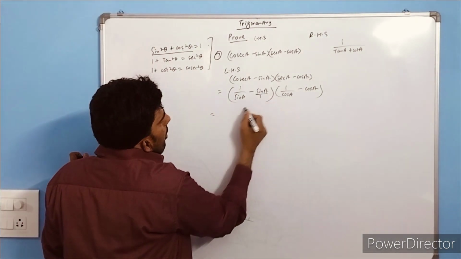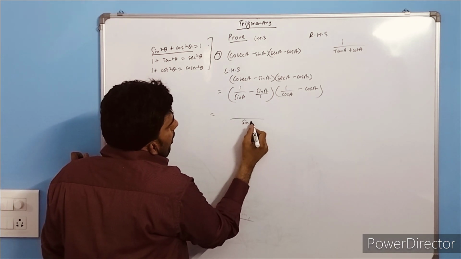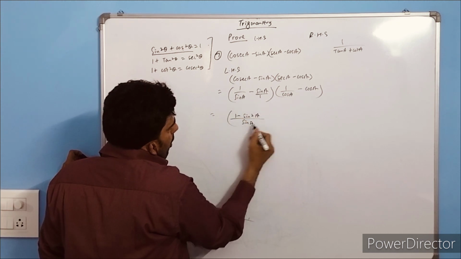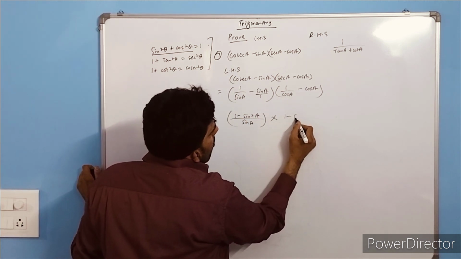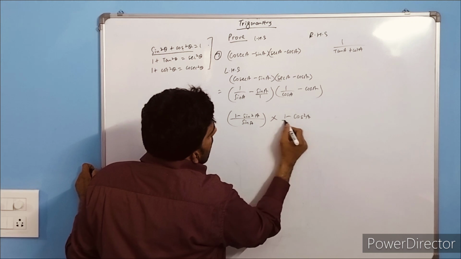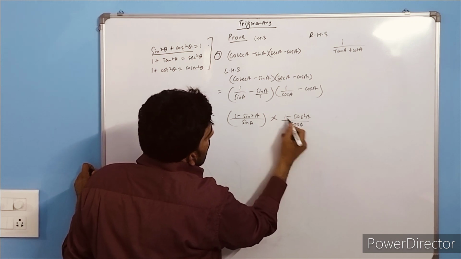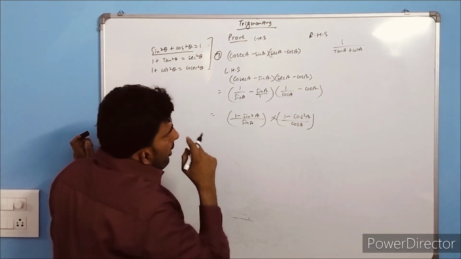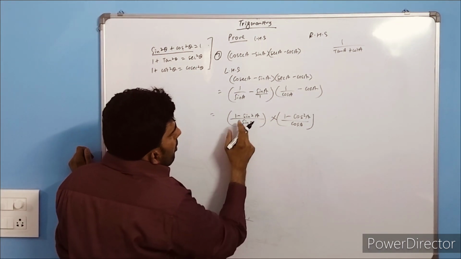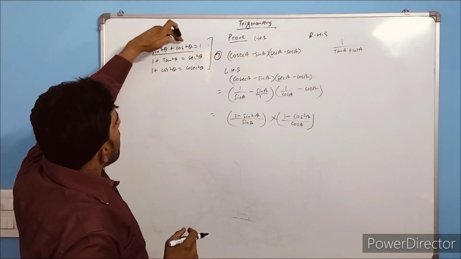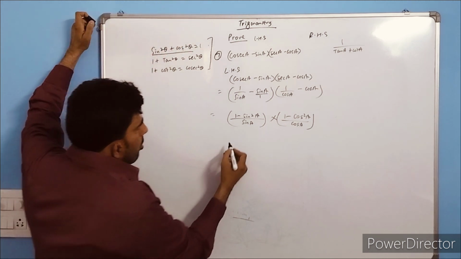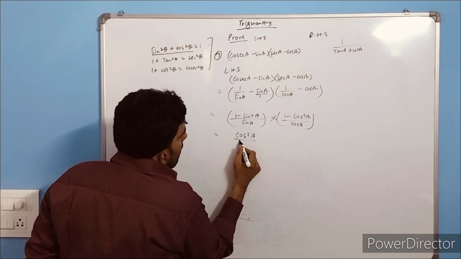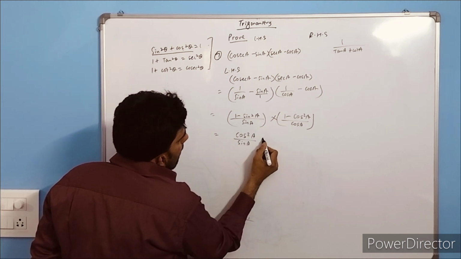So here I will write sin A, here 1 minus sin square A, and similarly for the other. Now what is 1 minus sin square A? It is cos square A. So you can write cos square A upon sin A into.